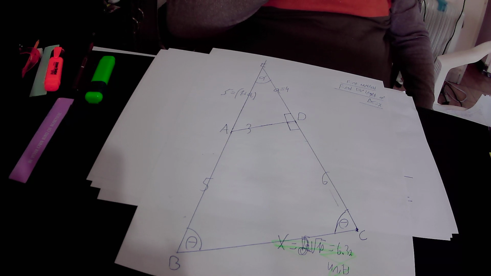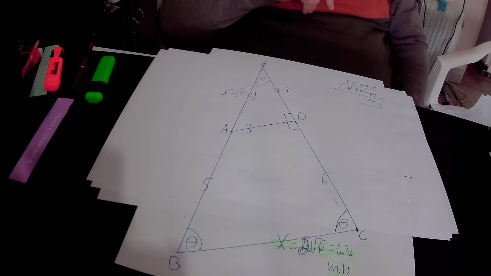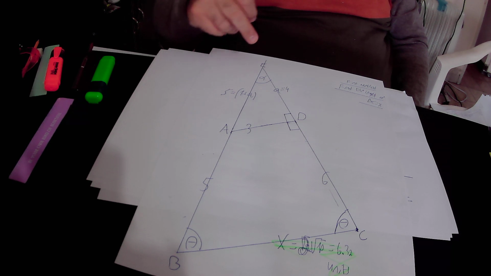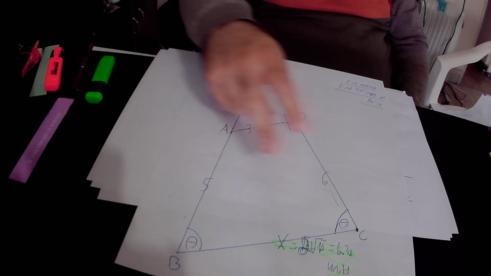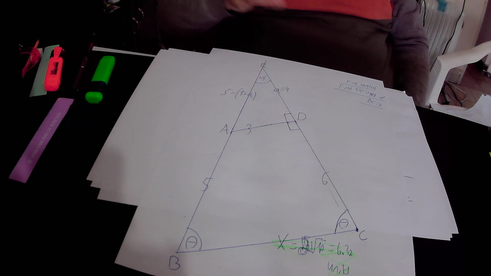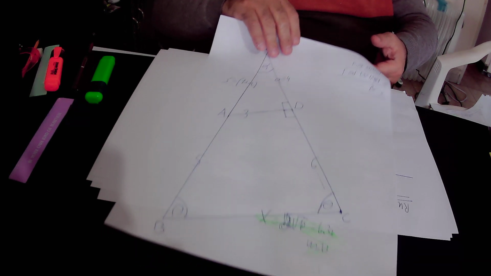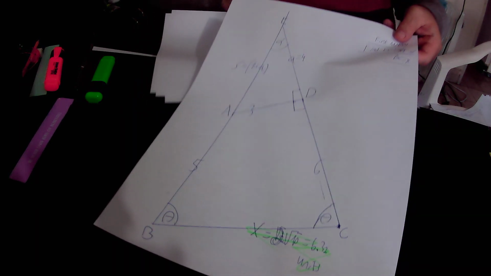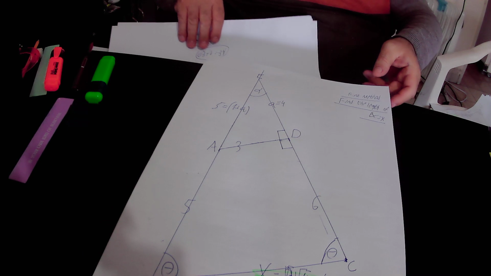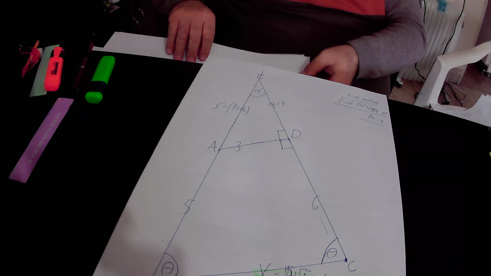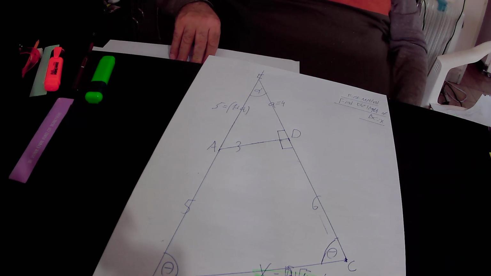So, actually, we created here triangle BEC that has two angles that are equal to each other, and therefore it is actually an isosceles triangle. And we have actually rule number 1.